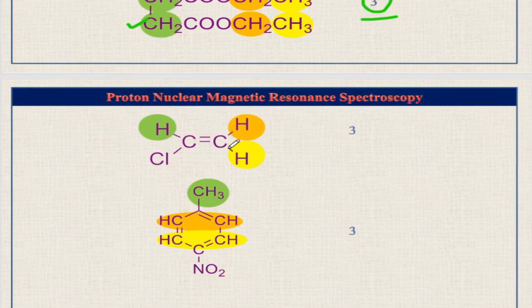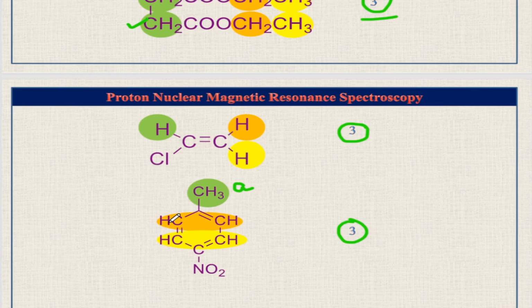In chloroethylene, it has three sets of protons, so it gives three NMR signals. In paranitrotoluene, it has three sets of protons, so it gives three NMR signals. This CH3 set, and these CH protons are the same, because both protons' environments are the same, and this CH set differs from that CH set.